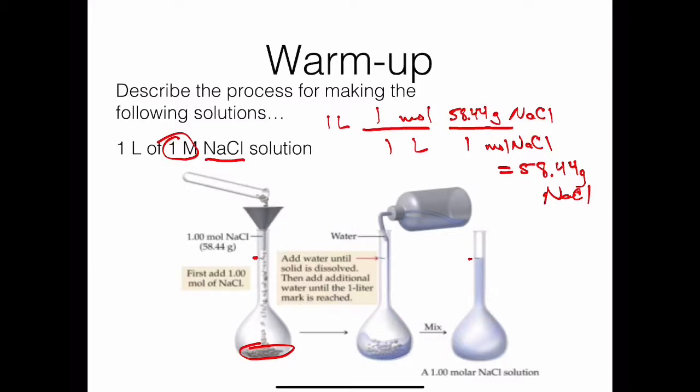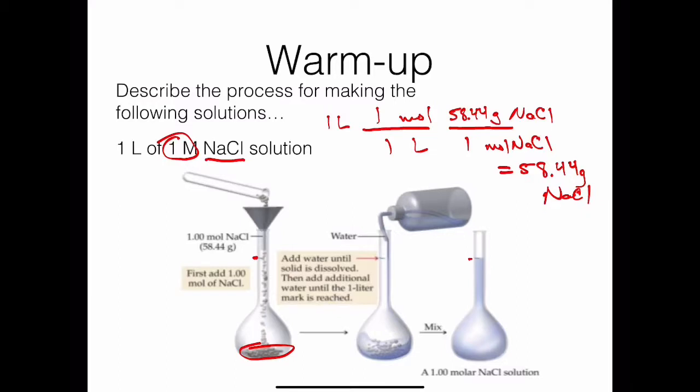Since in this case we were asked for 1 liter of this solution, we're going to use a 1 liter volumetric flask. So as long as we fill it up to that mark, we know we have exactly 1 liter of solution.